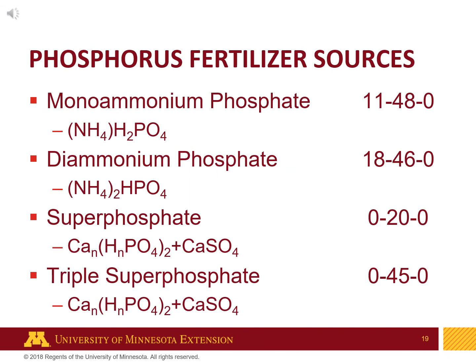Some common examples of phosphorus fertilizer sources include monoammonium phosphate, diammonium phosphate, superphosphate, or triple superphosphate.